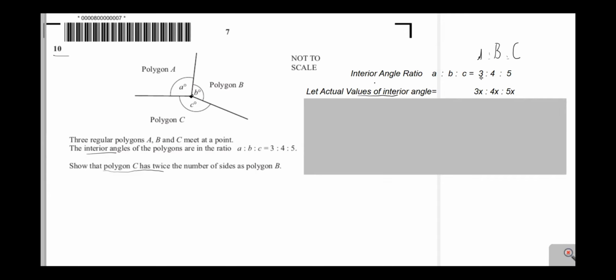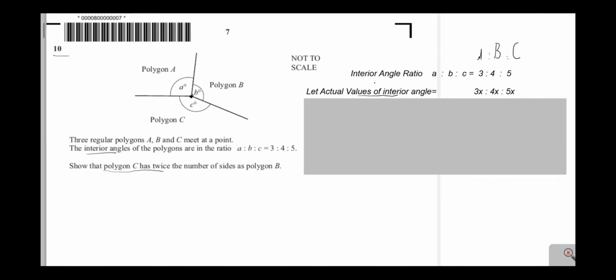So this 3 becomes 3x, this becomes 4x, and this becomes 5x. These interior angles of the polygons lie about a point, and you know the sum of adjacent angles about a point equals 360.